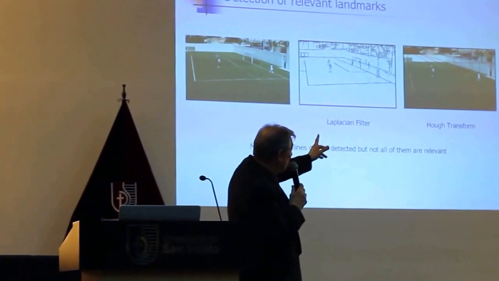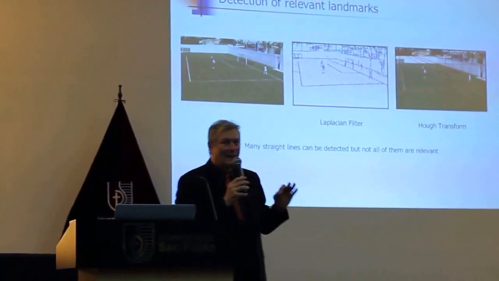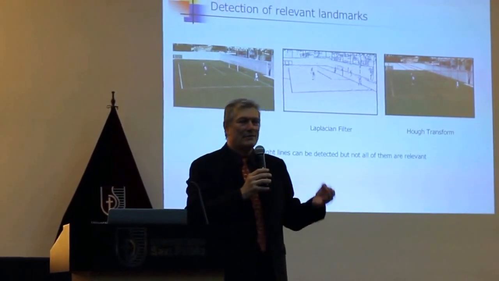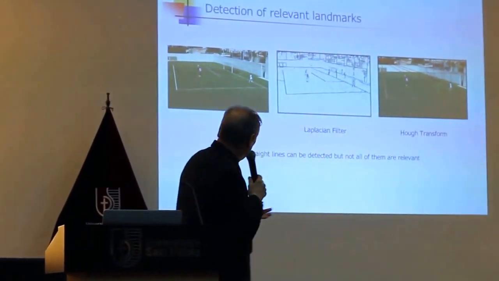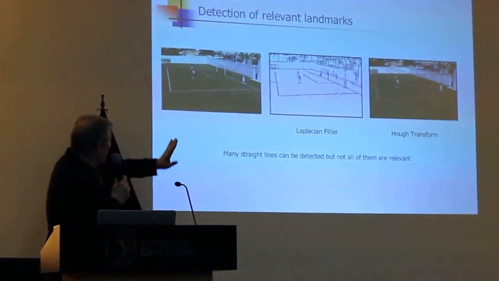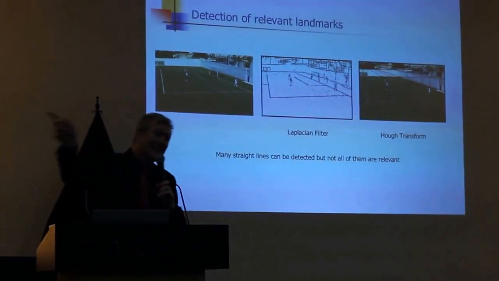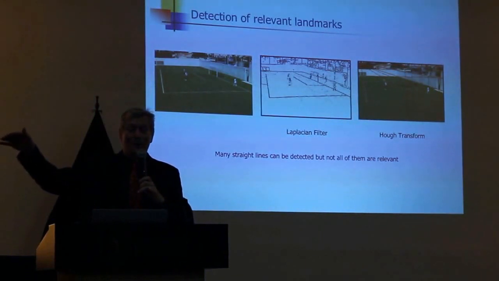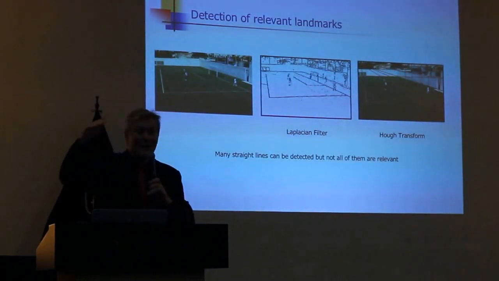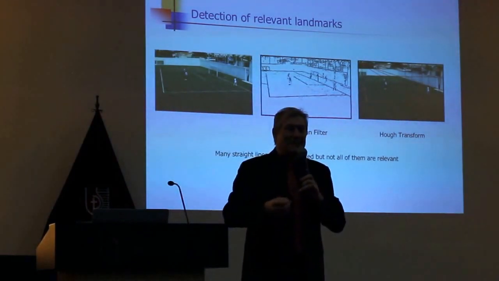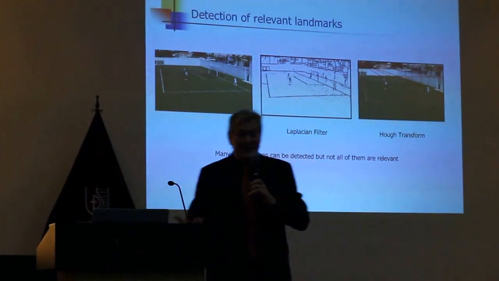And you can see on the picture on the right that there are a lot of lines. And all these lines are relevant. But for example, you can see that there is a wall all around the field, and the line that is the upper bound of the wall is a very significant, very relevant line that has been detected by image processing.